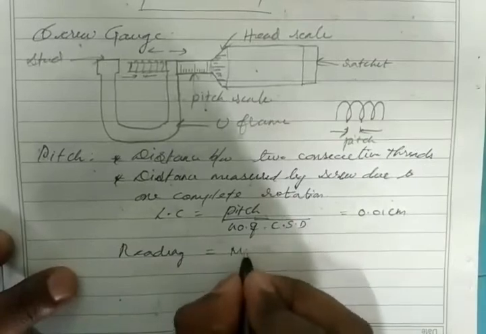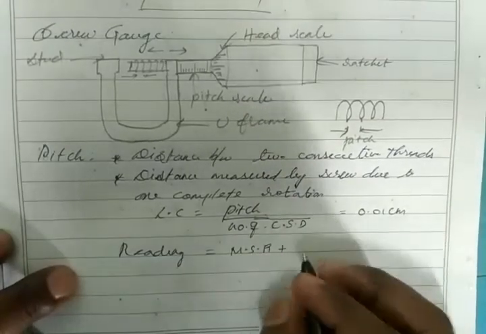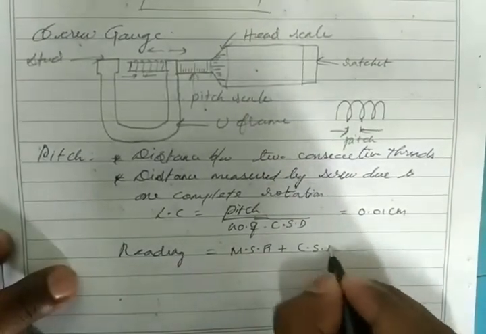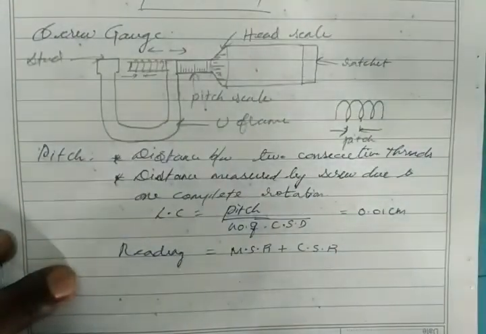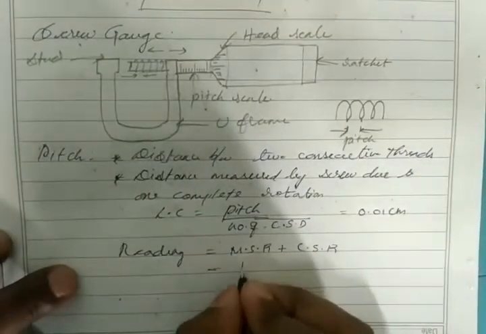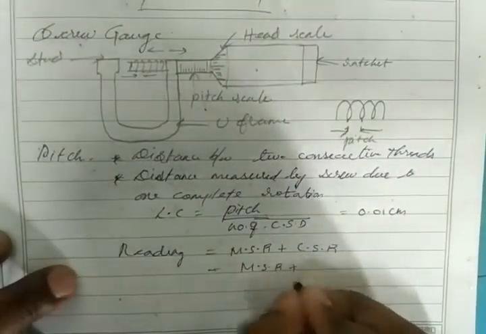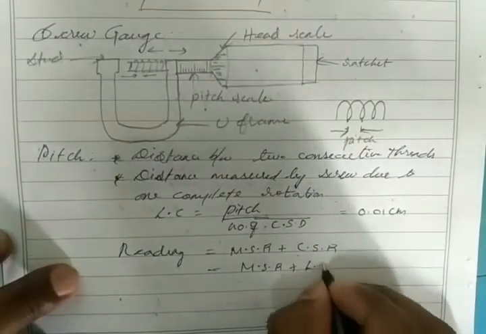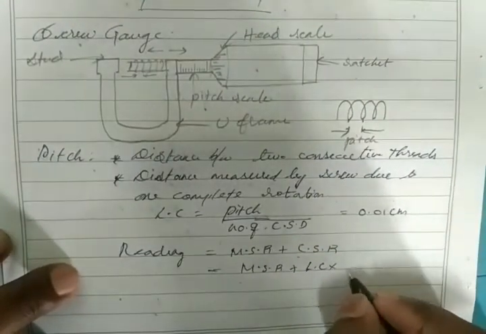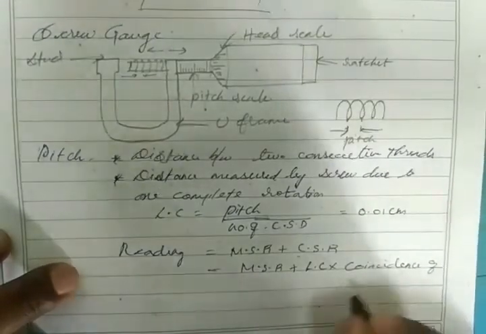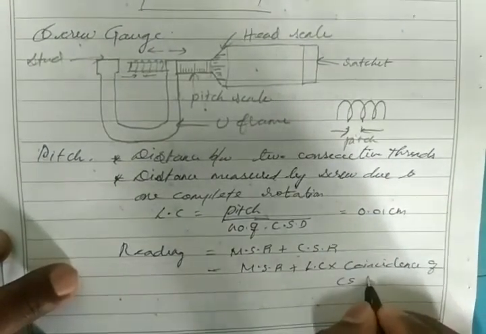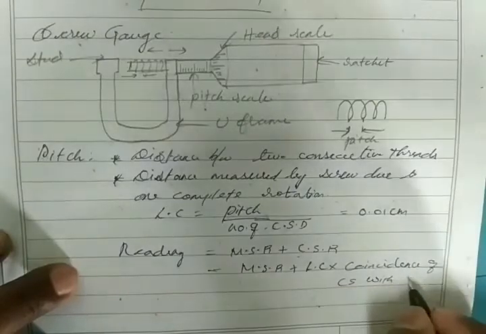First we take the main scale reading, then the circular scale reading, and we add both, then we get the exact value of the diameter of an object. Here CSR will be equal to LC into the coincidence of the circular scale with the baseline.